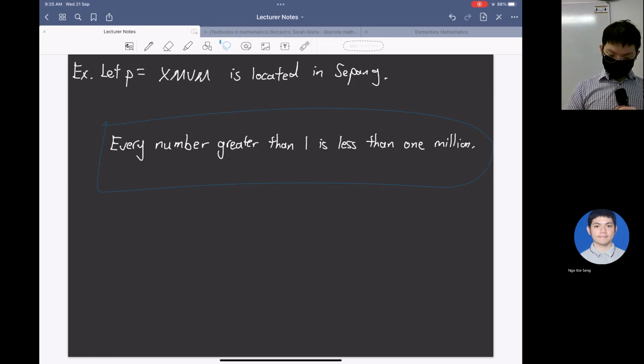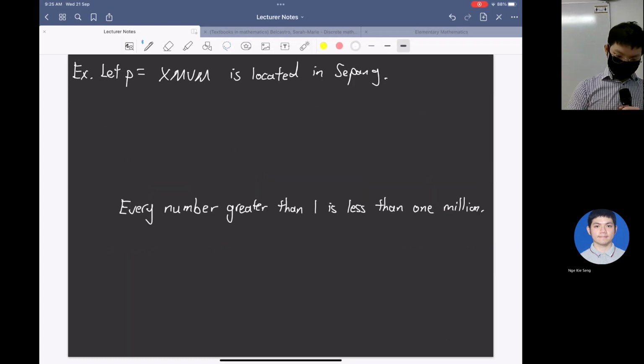And then let Q be the second example. Okay, for example, first example, let P equal to Xiamen University is located in Sepang. So what is not P? Okay, that one is very good, but you already skipped one step. Okay, I'll write it down here first.